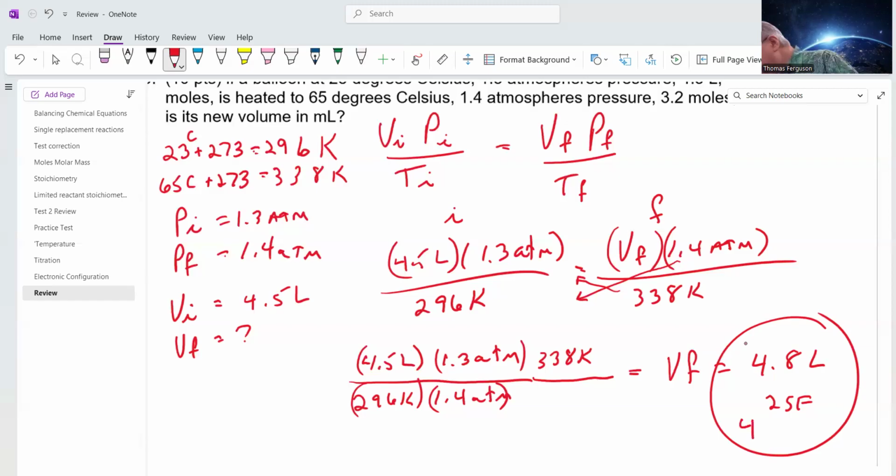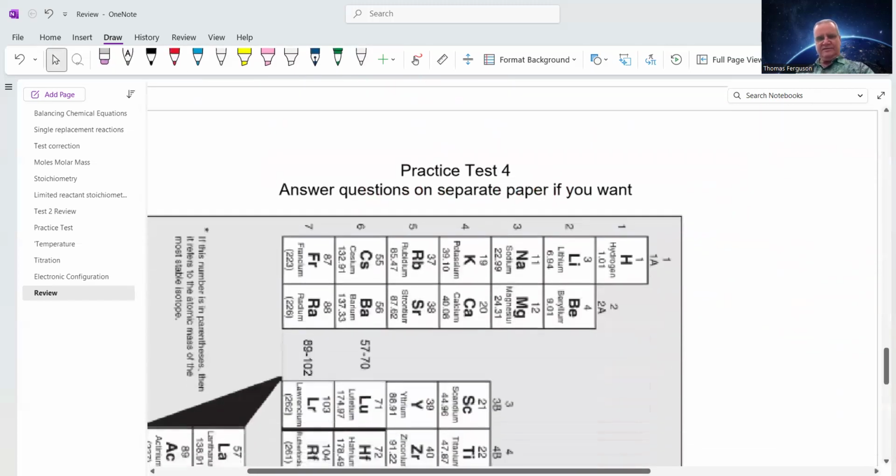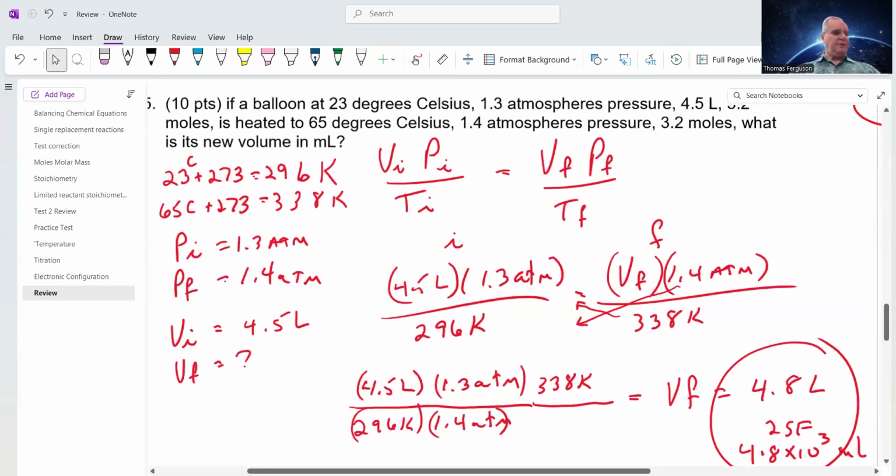So yes, we're going to definitely go to milliliters. Now you can write that out as 4,800, or do it in scientific notation. Okay, and I'll give you a periodic table. And that's basically your test tomorrow.